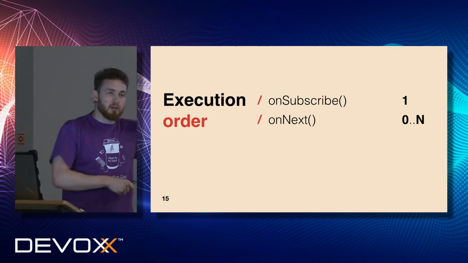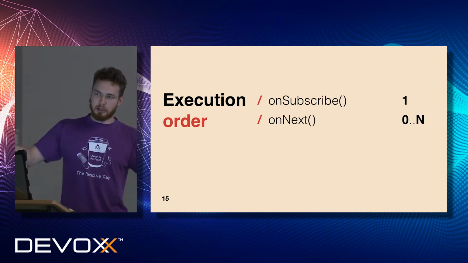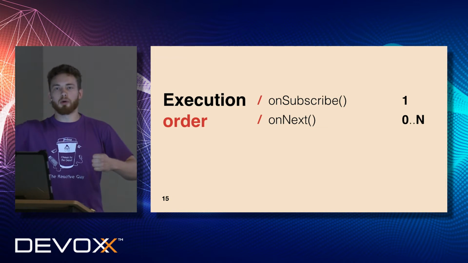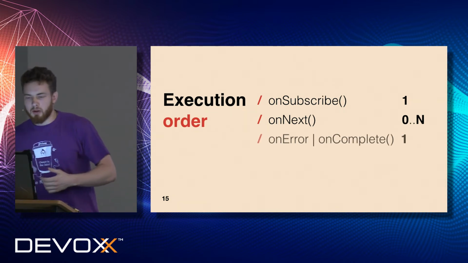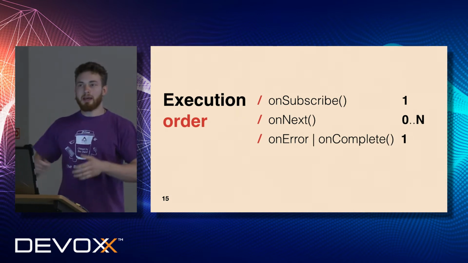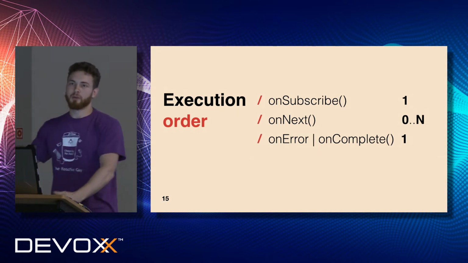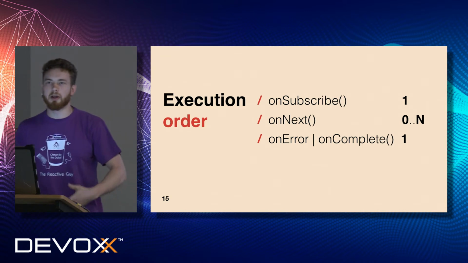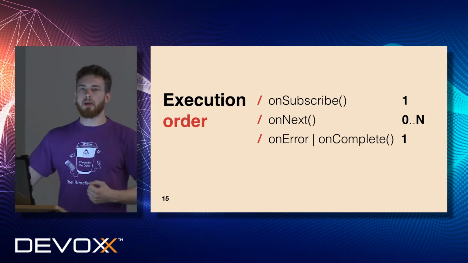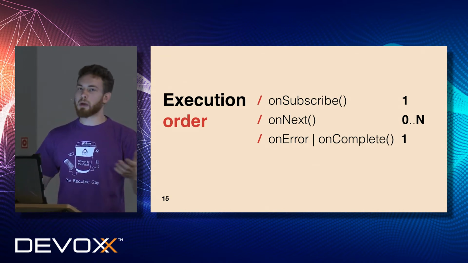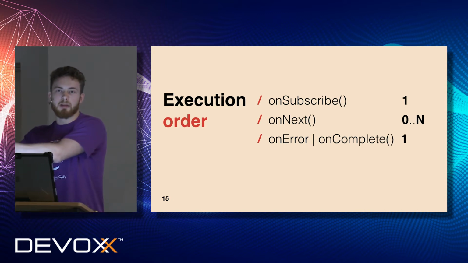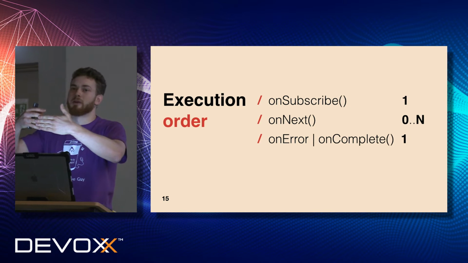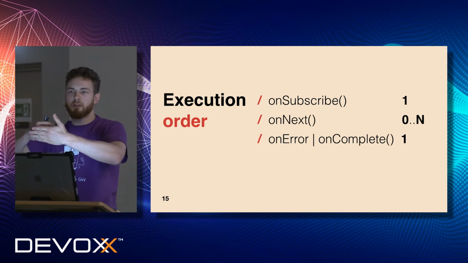Or you can send an infinite stream of data, because you can get more and more elements into your array over time. And finally, once you get to the end of the stream, there are terminal signals like onError and onComplete, and they should appear once. We have to get only onError once or only onComplete, and not both at the same time. It's unacceptable. Is it clear so far?